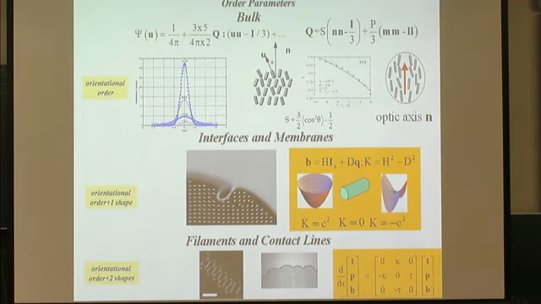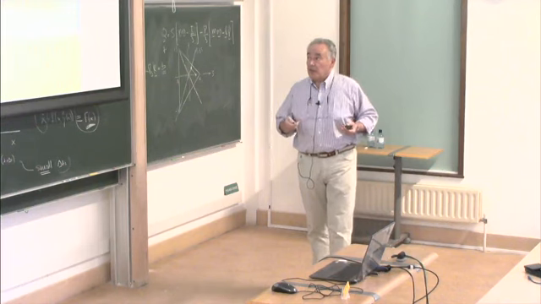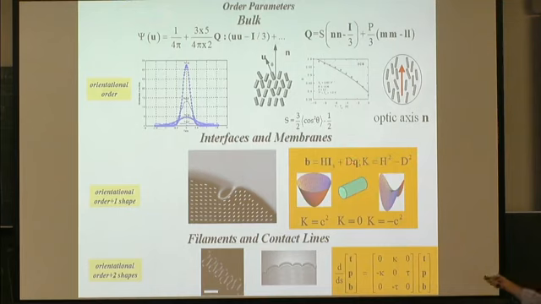So we used, as I introduced before, the Q tensor. For interfaces and membranes, we use the B tensor, the curvature tensor. This is a very useful decomposition. H is the average curvature, and D is the deviatoric curvature. If you have a sphere, D is 0.